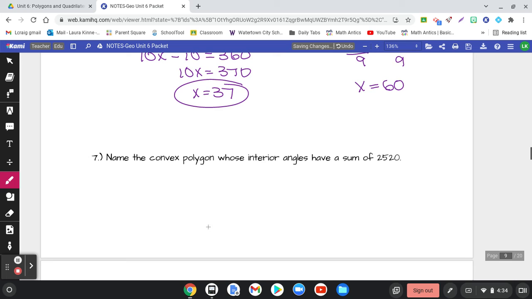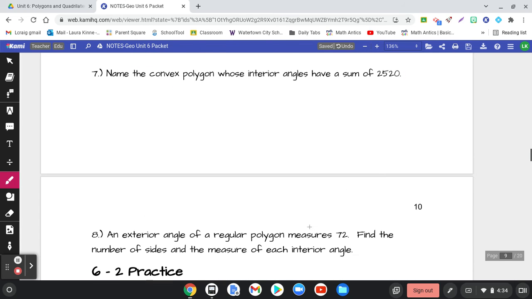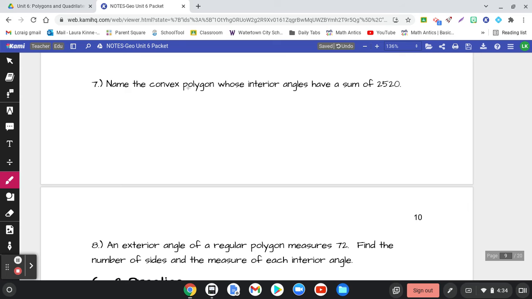All right, last question. Oh, there's actually 2, but this one moved to page 10. Name the convex polygon whose interior angles have a sum of 2,520. Well, sum of interior angles, that's the n minus 2 times 180. Well, we're going to work backwards.